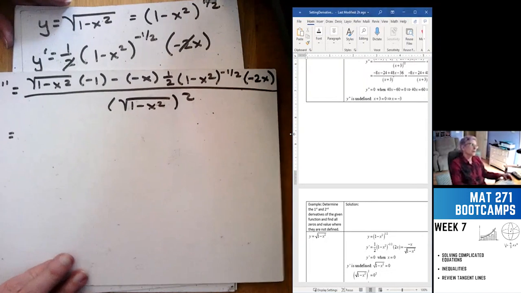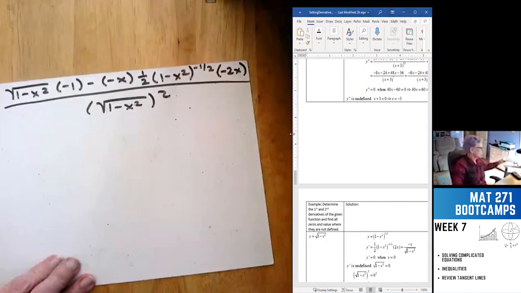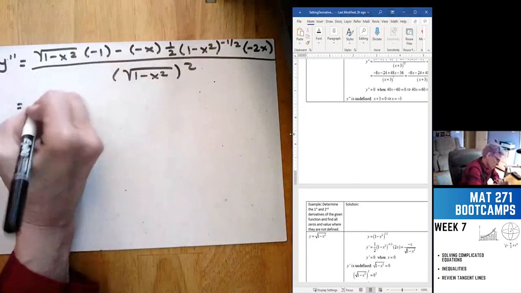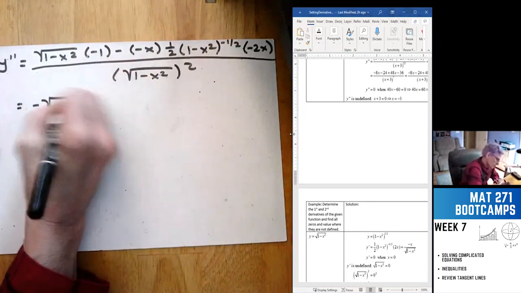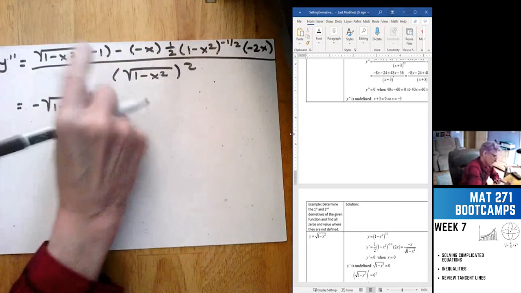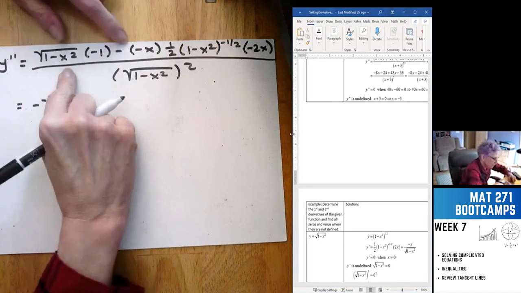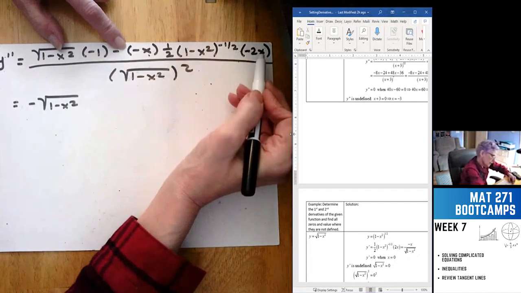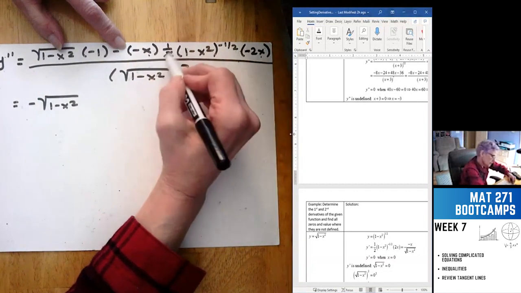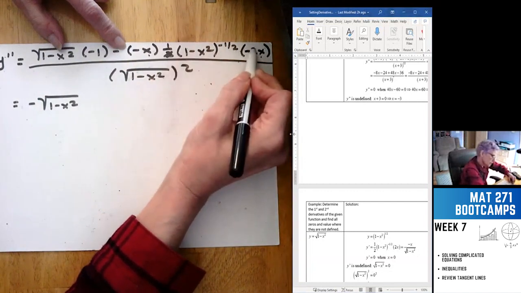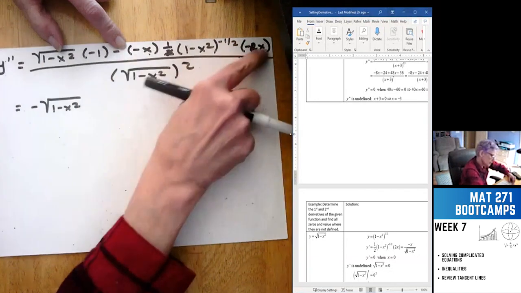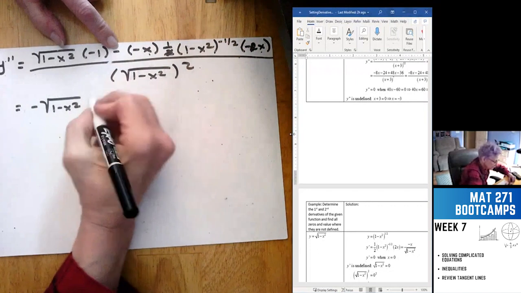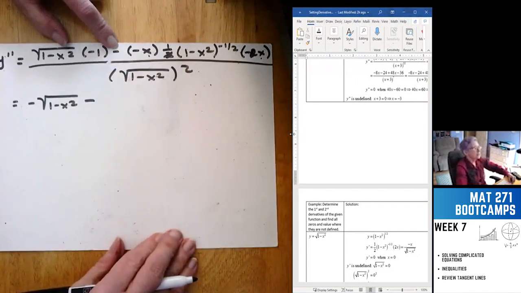So I'm going to simplify this some, make it look a little friendlier. I'll just put a negative sign in front of 1 minus x squared right there. I have x here, that 2 can cancel with that 2. I have a minus times a minus, which would be positive, but I have a minus here, so I still have a minus sign hanging out.